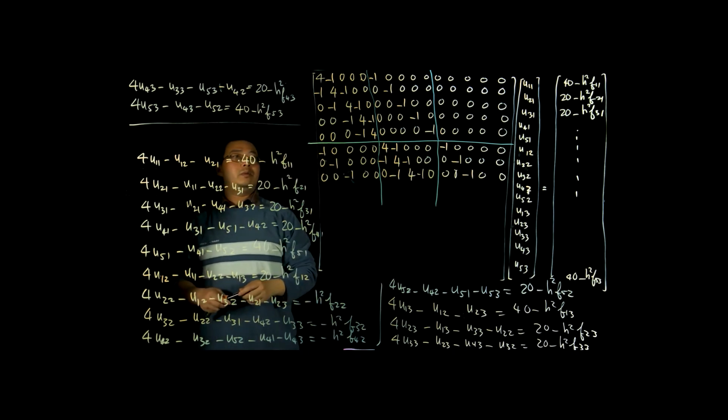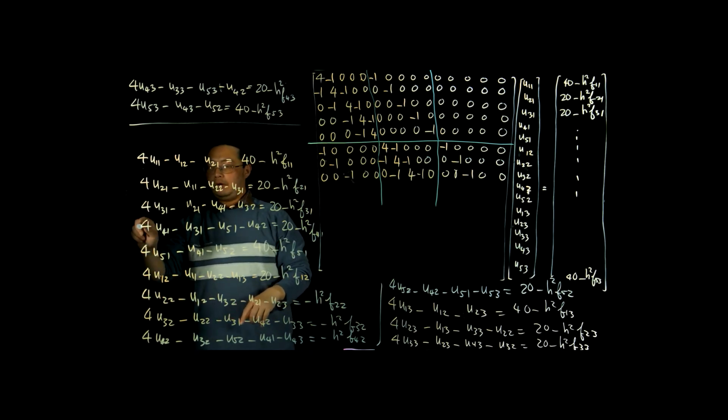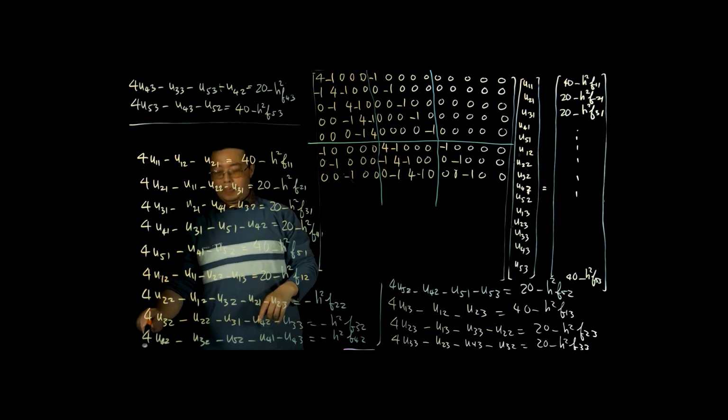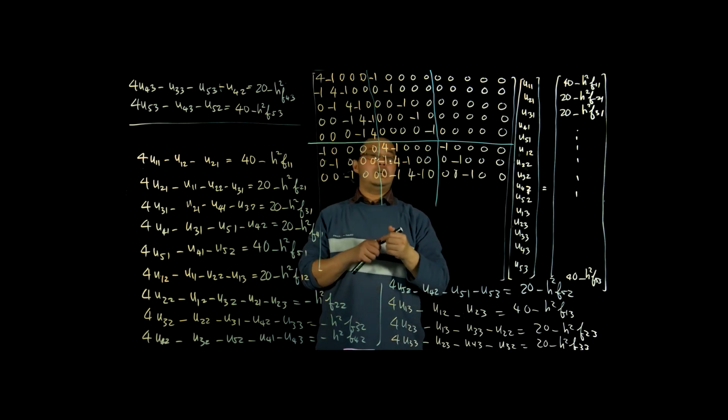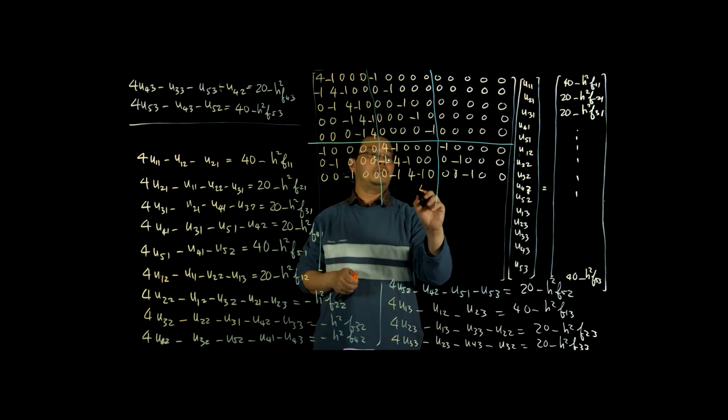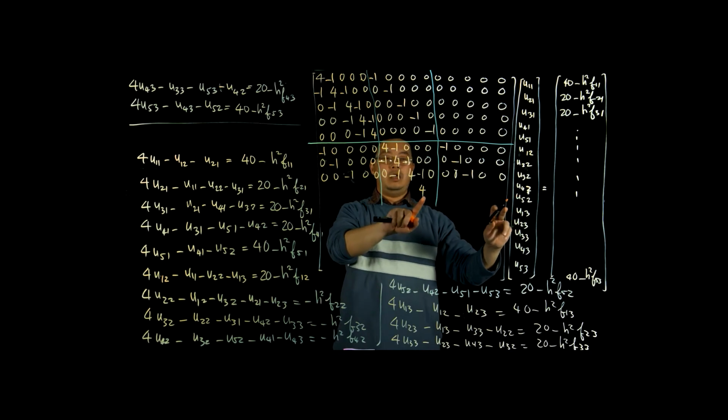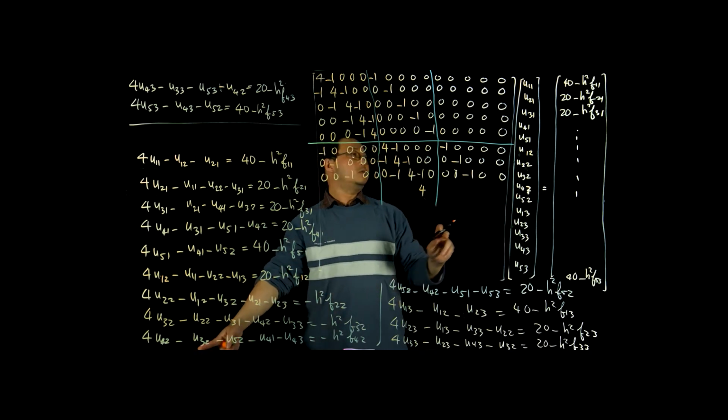So the next equation will be the ninth one: 1, 2, 3, 4, 5, 6, 7, 8, 9. So 4, 2. So 4, 2 is here, yeah. And then minus U32.